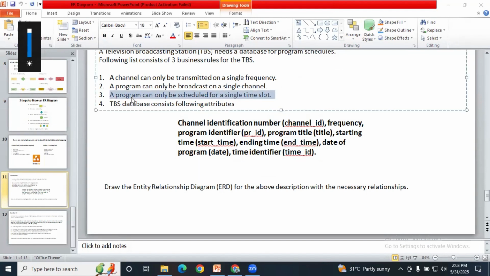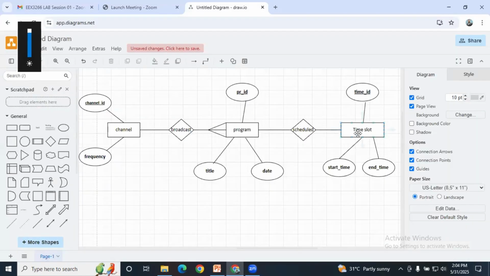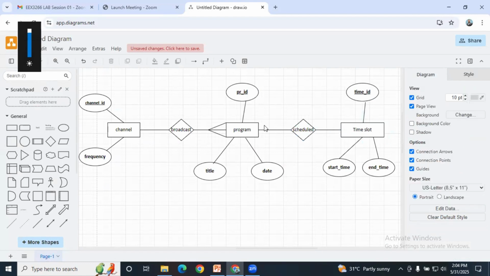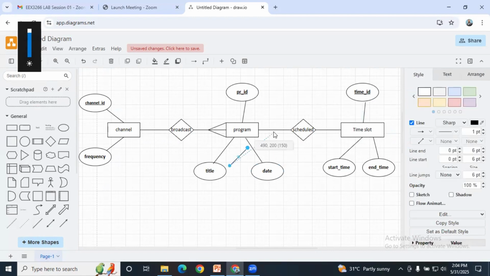They have not mentioned only one program, so it is many to one. The reason for that is they are saying a program can only be scheduled for a single time slot. So the time slot in here is single, so we can represent it with 1, but programs can be 1 or more. So according to that, we can assign like this.